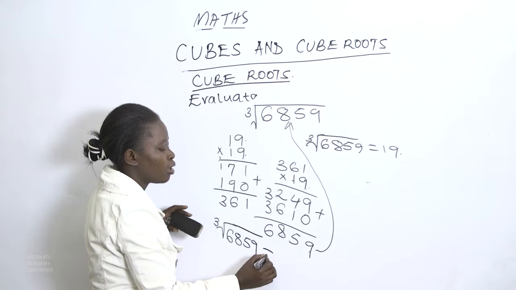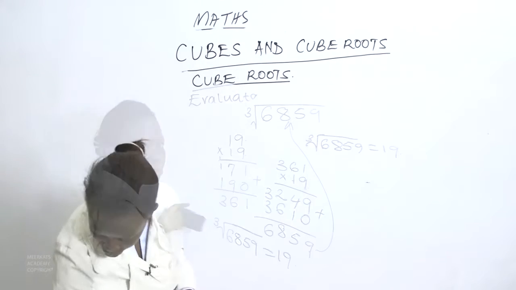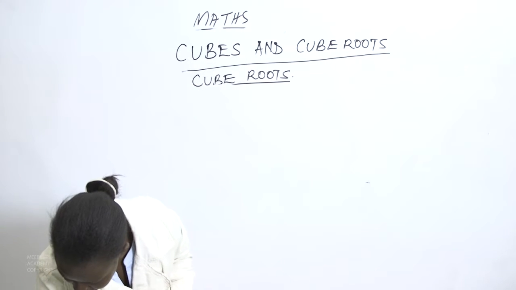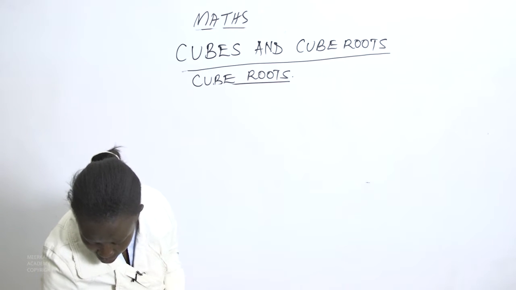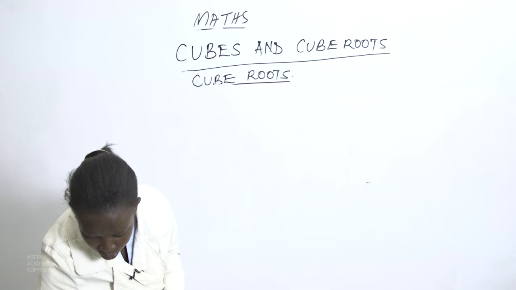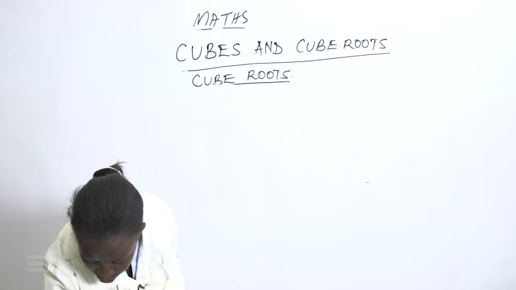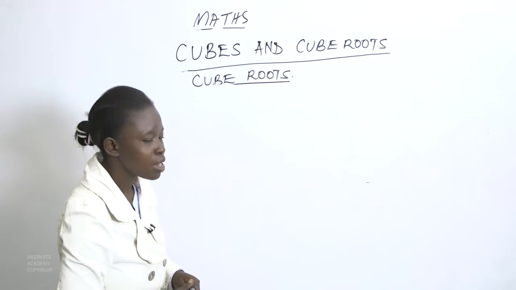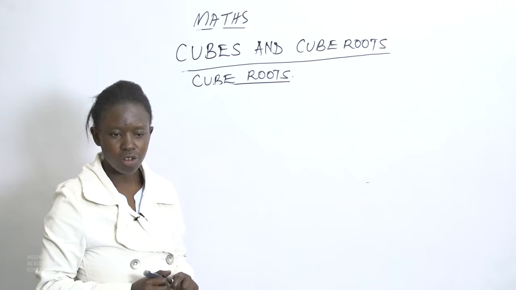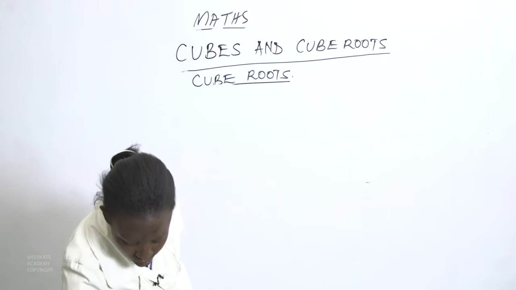6,859 is 19. So just like squares and square roots, you can have operations whereby you have several sums having combined the cubes and cube roots, and you need to get the solution to the given sum.